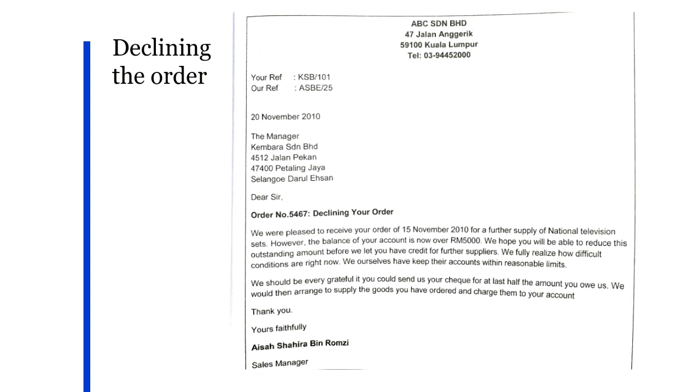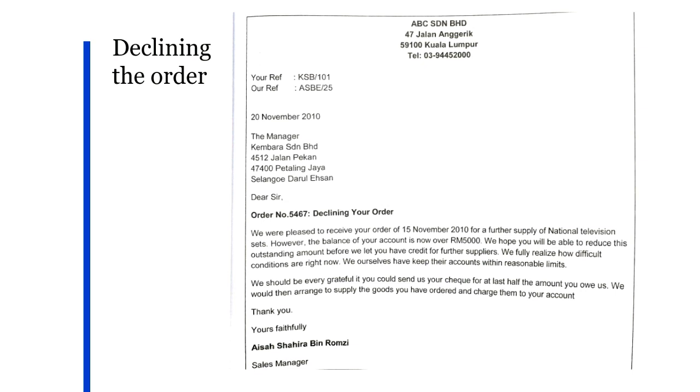We fully realize how difficult conditions are right now. Mungkin dalam waktu PKP kan. Jadi kita faham, so reducekan sedikit permintaan. Daripada dia nak minta berapa ribu, kurangkan sedikit. We ourselves have to keep the account within a reasonable limit. We should be very grateful if you could send us your check for at least half the amount that you owe us.